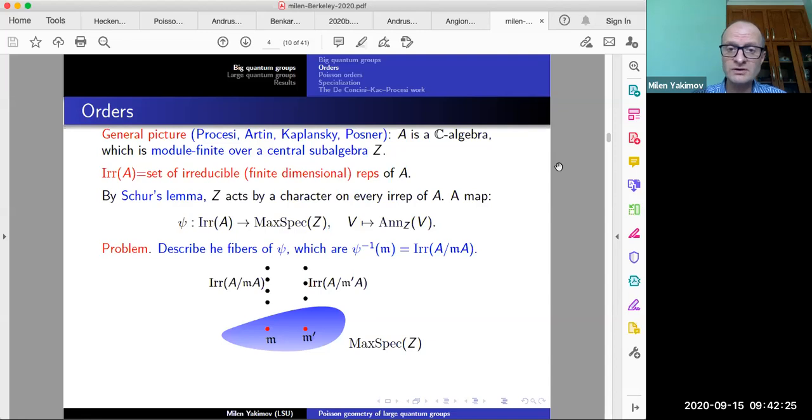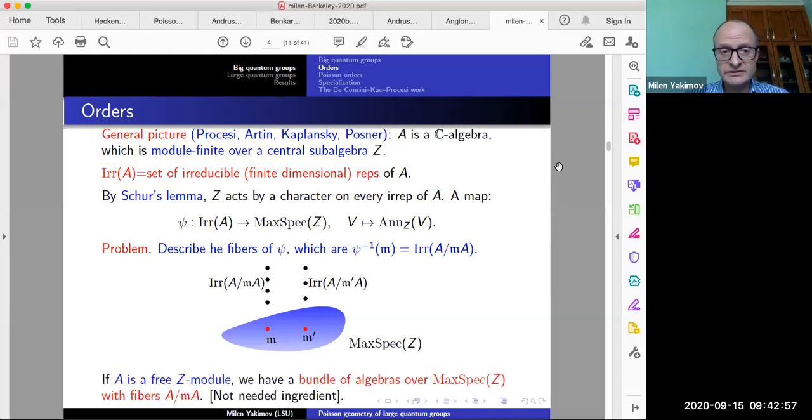The fiber over a maximal ideal M by definition consists of irreducible representations that are killed by this maximal ideal M. But algebraically, this means that these are irreducible representations of the factor algebras A mod MA, and all of these algebras A mod MA are finite dimensional. So over each point M, we see precisely the irreducible representations of this finite dimensional algebra A mod MA.